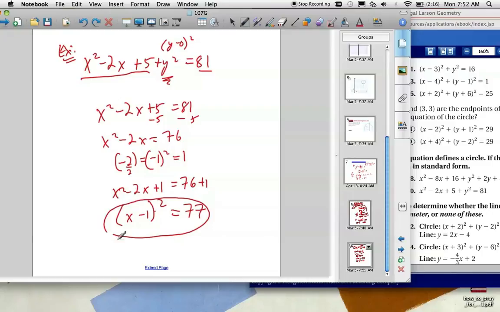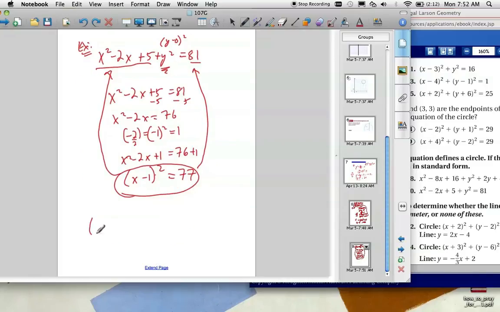Now this replaces this, and that 77 replaces that, so when we rewrite it we get x minus 1 squared, and don't forget the y squared, equals 77. And this is in the form we're looking for, so you're all done.